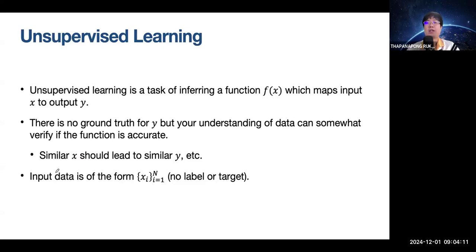So looking back at unsupervised learning, the task is that we want to find a function f that maps x into output y. And the challenge of unsupervised learning is that there is no ground truth, so your answer, your function f and your output y, are very subjective, right?